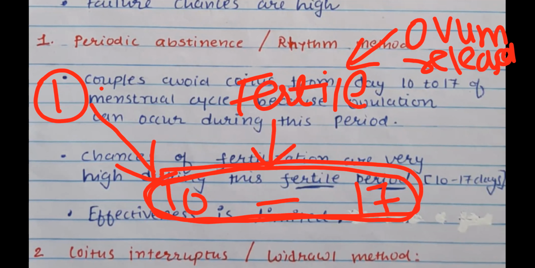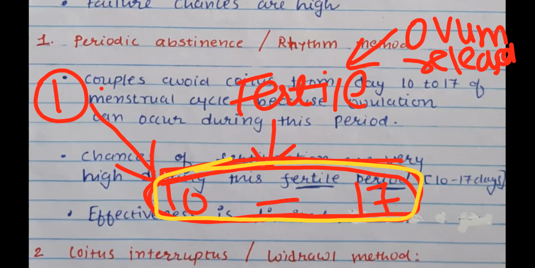So here in the natural method, you do not use any kind of device to prevent the meeting of sperm and ovum. Just simply avoid coitus, avoid mating, avoid copulation during these days, 10 to 17.